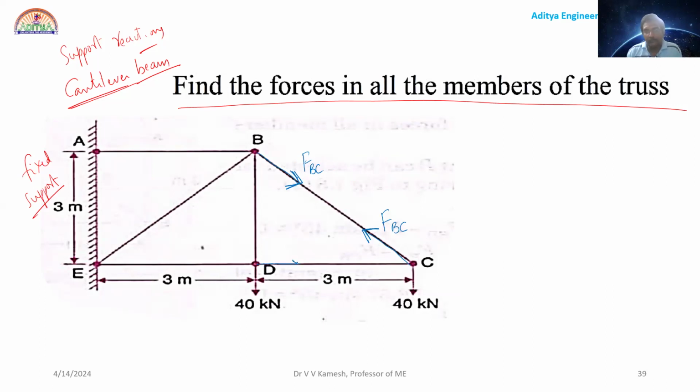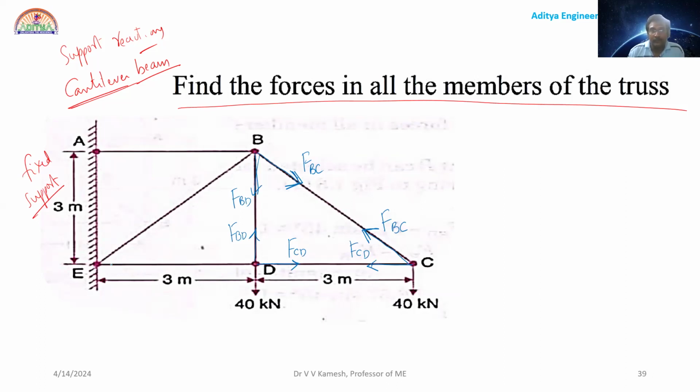There is a force from D, FCD, and there is a force from C, same magnitude, direction different. FCD is compressing the CD member. Again, BD. There is a force from B downwards, that means inside, FBD, and from D, it will be upwards, FBD.